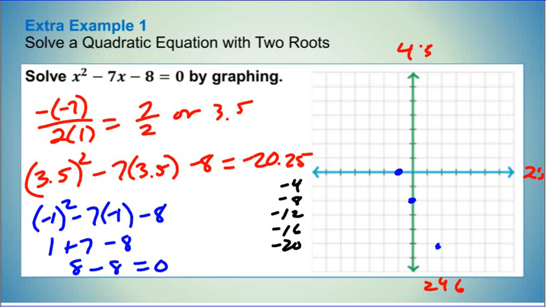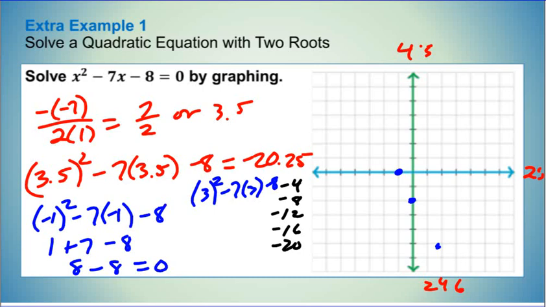And then on the other side, let's see, we could do, let's try 3. I put 3 in for x. So that'll be 3 squared minus 7 times 3 minus 8. 3 squared is 9. 9 minus 21 is -12.